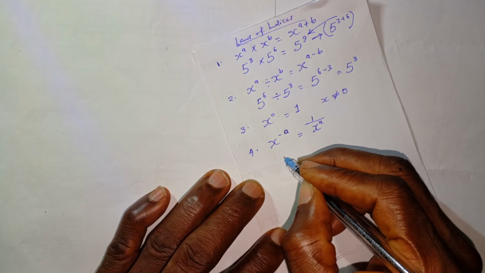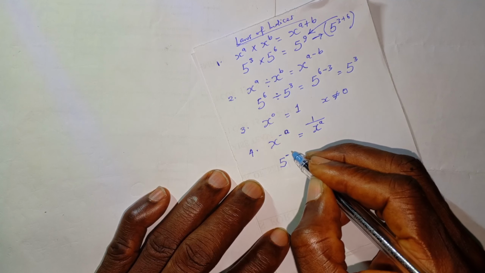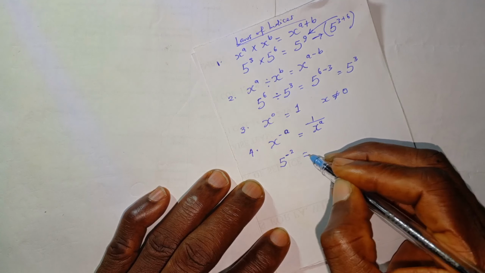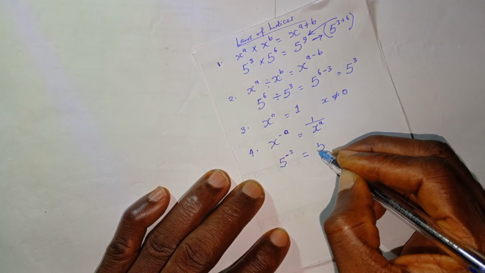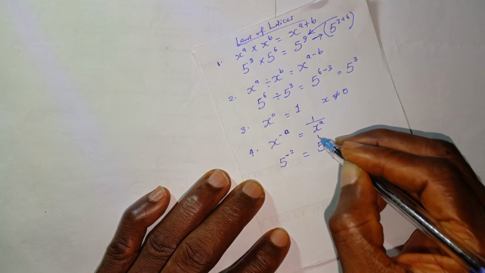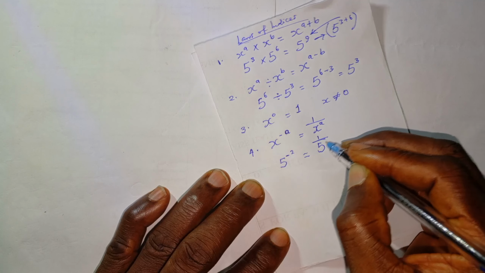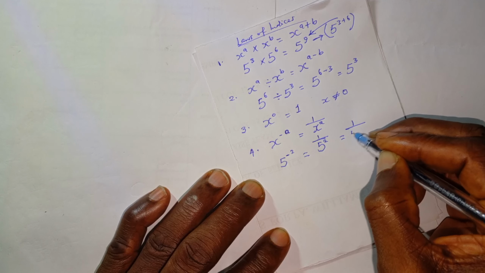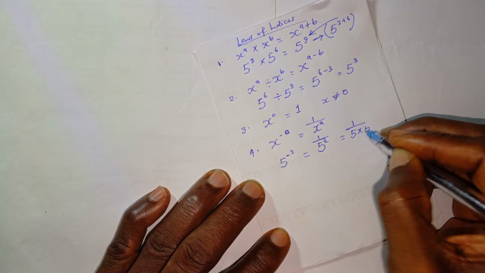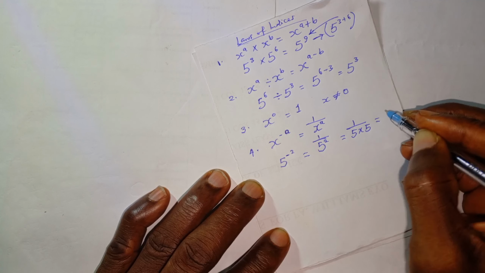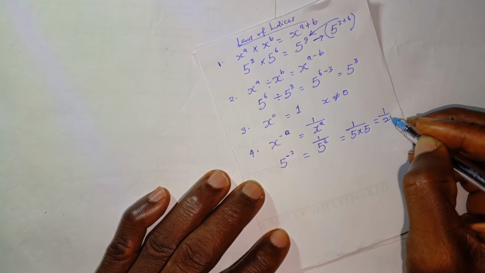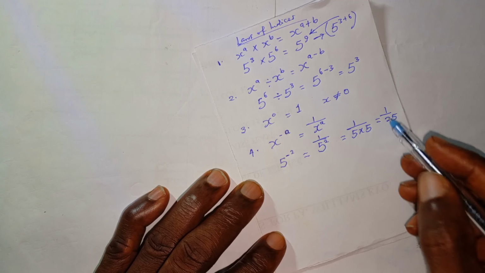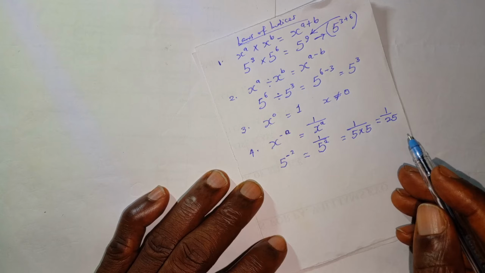We have 5 raised to power minus 2. So we now say that is 1 all over 5 raised to power 2, which is equal to 1 all over 5 times 5, which is equal to 1 all over 25. If you use your calculator, you are going to get 0 point whatever.